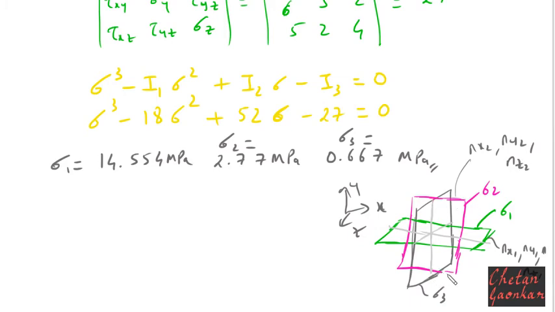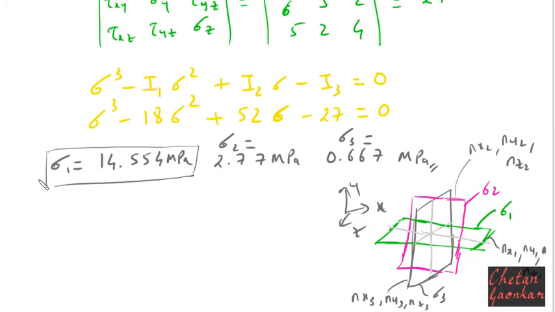The orientation of the third plane can also be given as nx3, ny3 and nz3. So let us see now how to find these direction cosines for each principal stress. Let us consider the first principal stress. Its direction cosines should be nx1, ny1 and nz1.